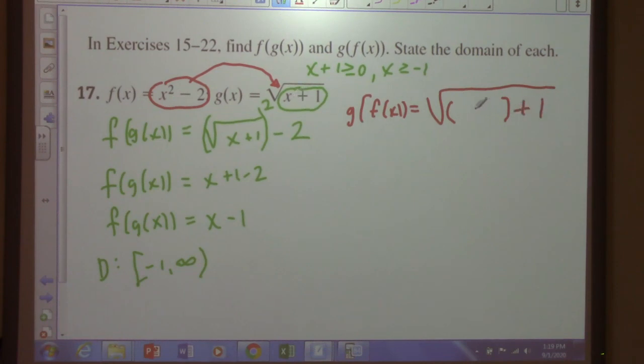So I bring the plus 1, I just leave this big parenthesis space, and I'm going to put x squared minus 2. Does that look right? So for this one, we're going to get x squared minus 1. Yeah.